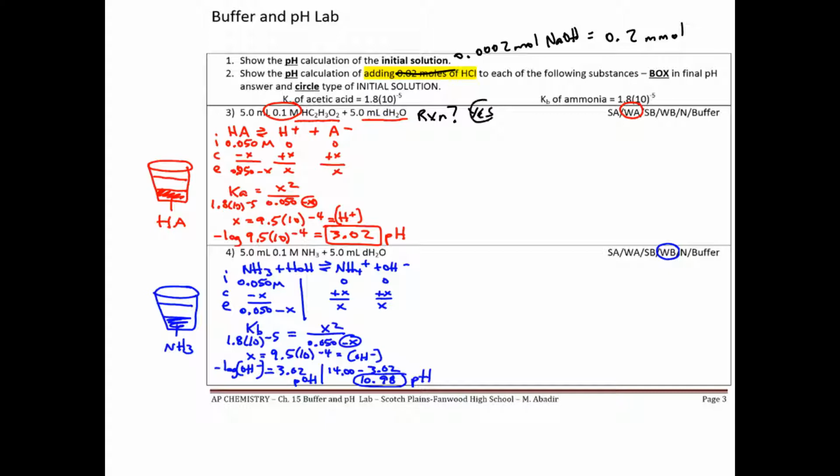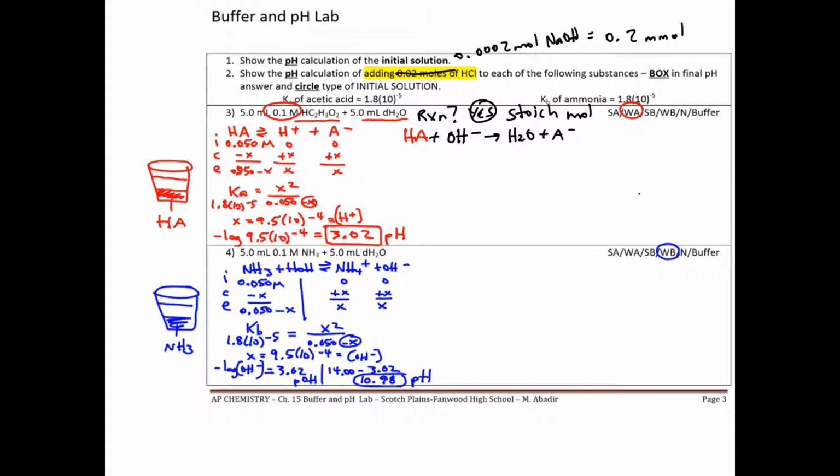The answer is yes, stoich in moles. So we write our reaction of the hydroxide and the HA. The hydroxide is going to react with the HA to make water and the A minus.